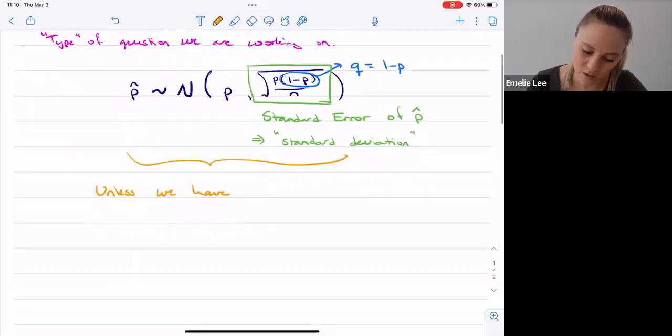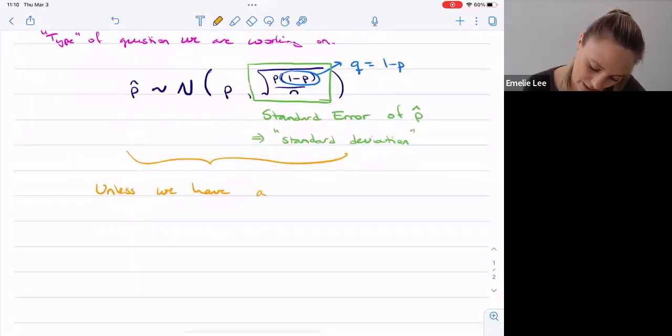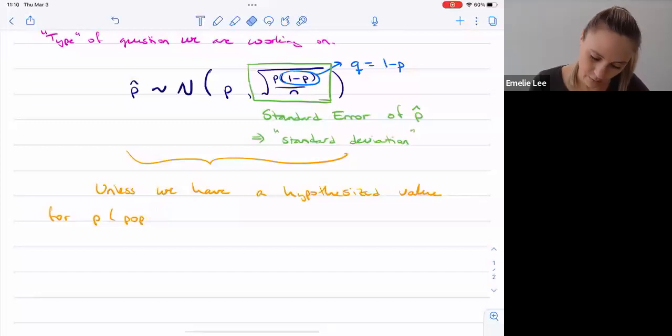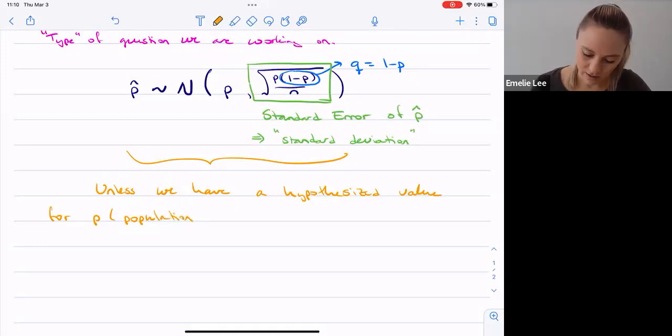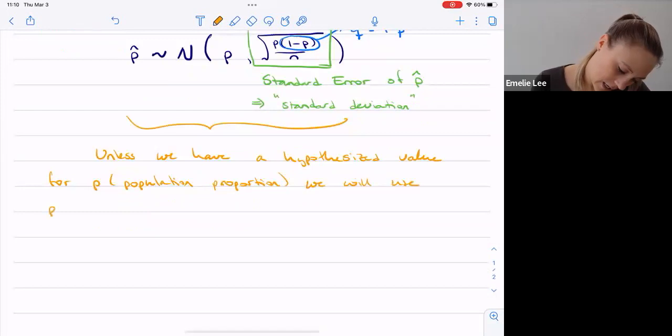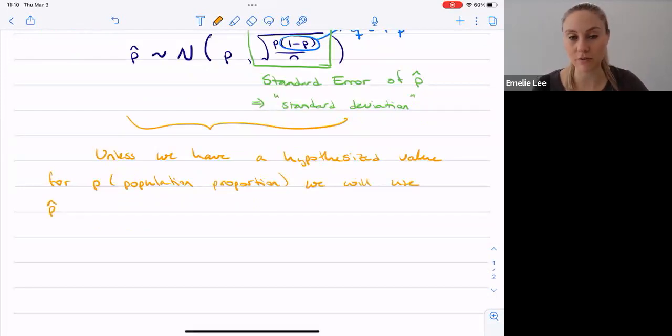So here, unless we have a hypothesized value for p, which is the population proportion, we'll never know what p is, because, like I said, that makes no sense. So unless we have a hypothesized value for p, we will use p hat, which is the point estimate for p.